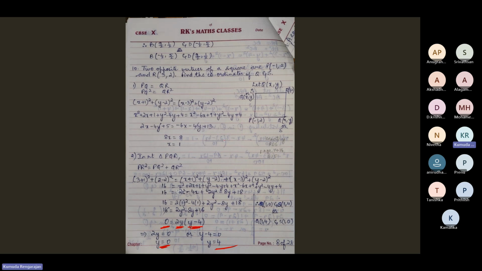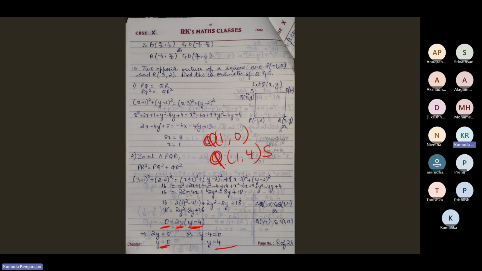So for a single value of x, we have two different values for y. The coordinates of Q can be 1, 0 or 1, 4. So we say if Q is 1, 0, then S is 1, 4.